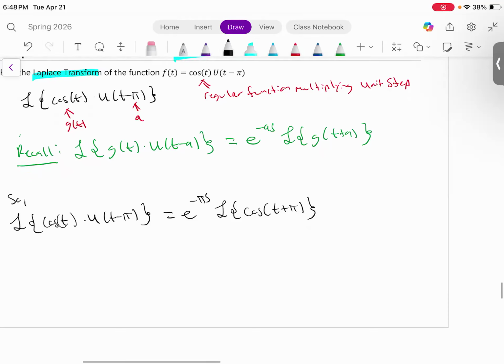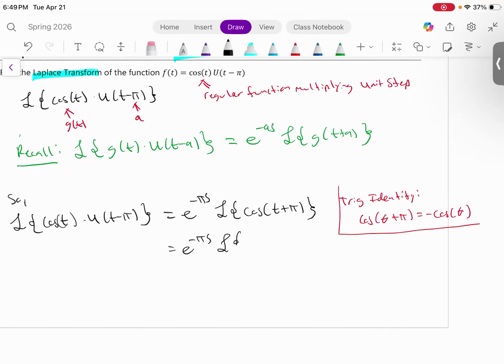So what is the Laplace of cosine t plus pi? Well, we don't know exactly, but what we do know is a trig identity: cosine of, for example, theta plus pi is the same thing as negative cosine of theta. So cosine of t plus pi actually is negative cosine of t.